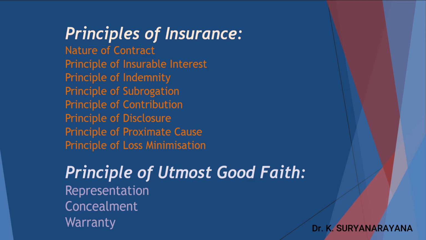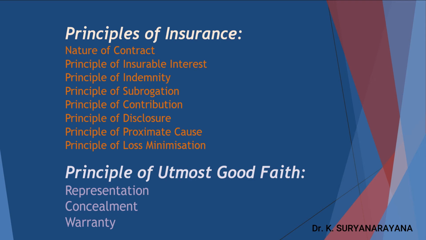Here, as an individual, you can claim the total compensation, okay, and you can't exceed the amount of loss. What is the loss? 1 lakh. You can get up to 1 lakh, not beyond 1 lakh.